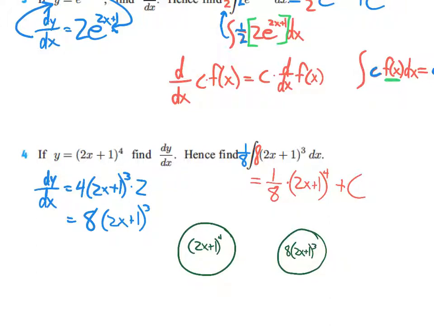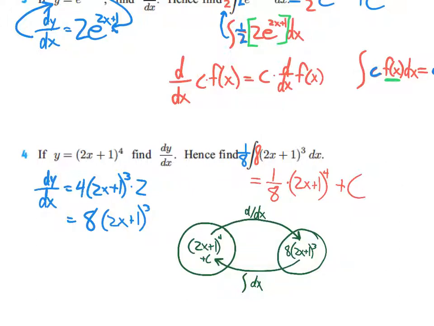If I am taking the derivative of this, it goes that way. If I'm taking the antiderivative, it's going to take me back here with a plus c.